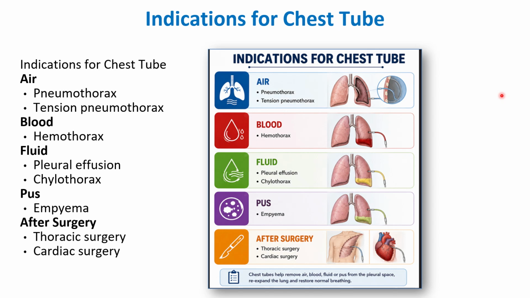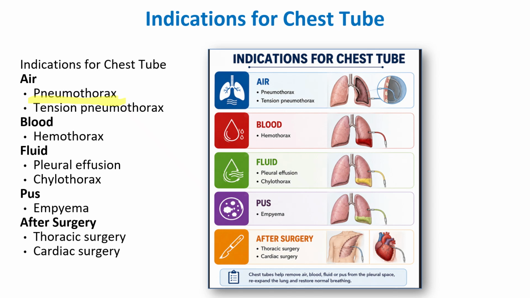What are all the indications of chest tubes? In the definition itself we have seen in which conditions we may put the patient on chest tubes. One is due to air: the patient is having pneumothorax or tension pneumothorax. What do you mean by pneumothorax? Air collection in the pleural space. In the pleural space, only a minimal amount of pleural fluid should be there.